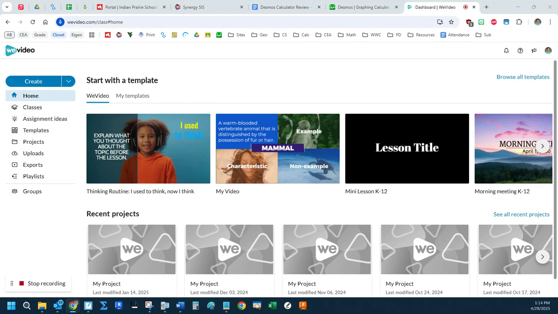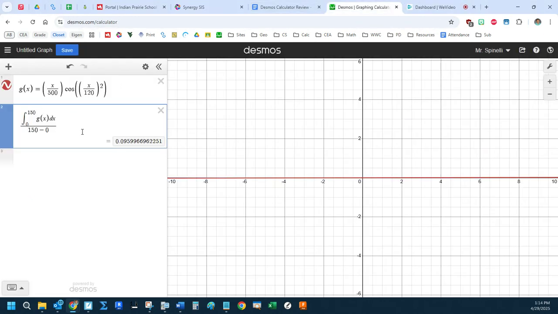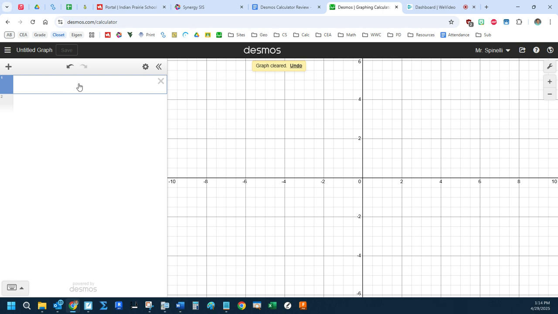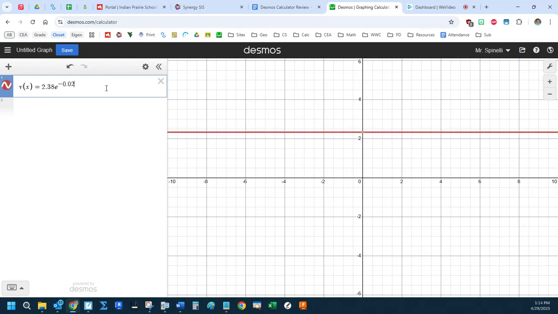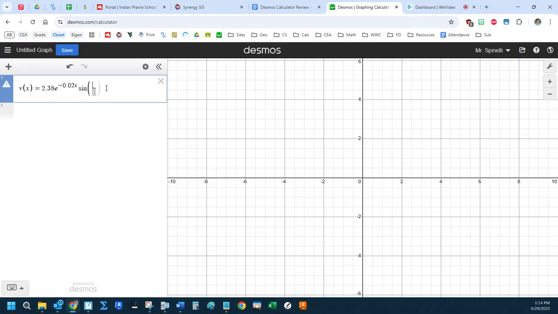So clear all this. So they've given me velocity. They call it v of t. I'm going to call it v of x. 2.38 e to the -0.02 t or x, sine of pi. Pi is pi.